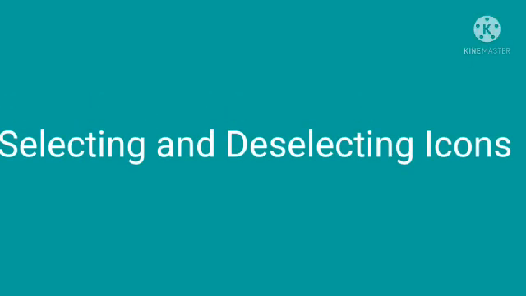Selecting and deselecting icons. To select any icon on a desktop, we single click on it, and to deselect it, we click anywhere on the desktop. Selecting adjacent items. Left click on the first item to be selected.